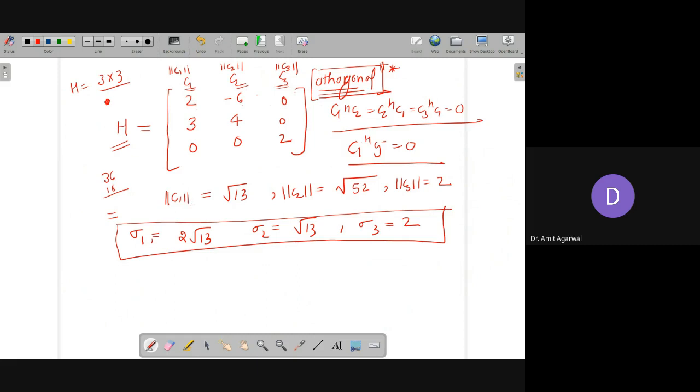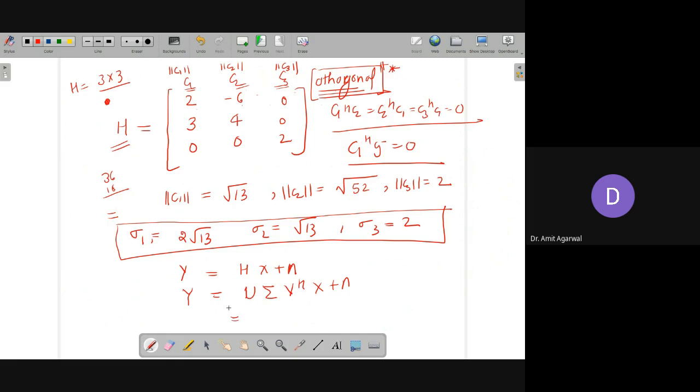So if you do all the processing which we have discussed in the class, because this is your H, what should be your Y? This H can be written like this.